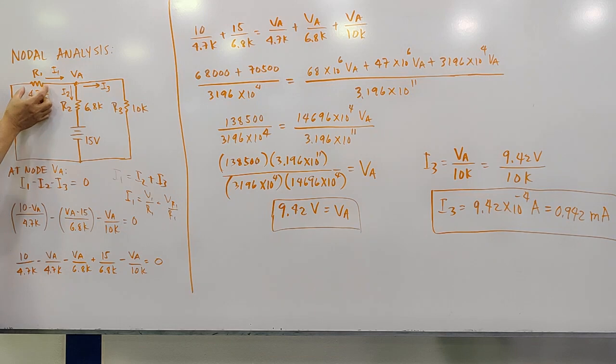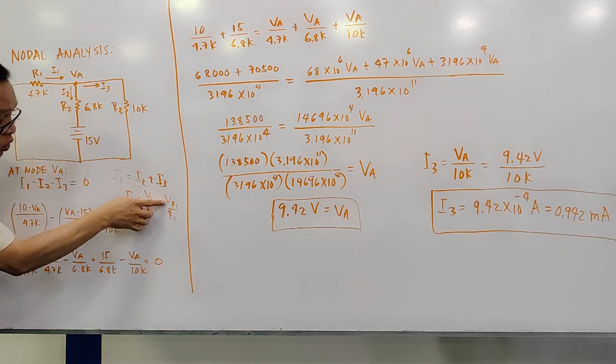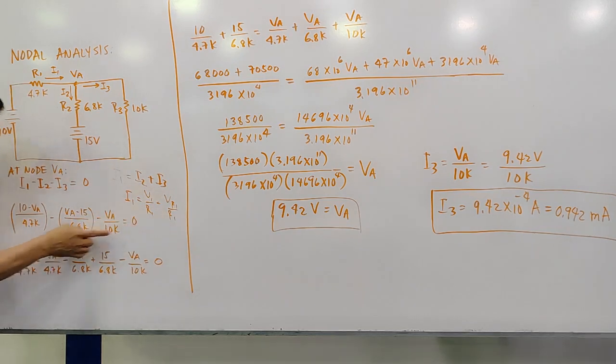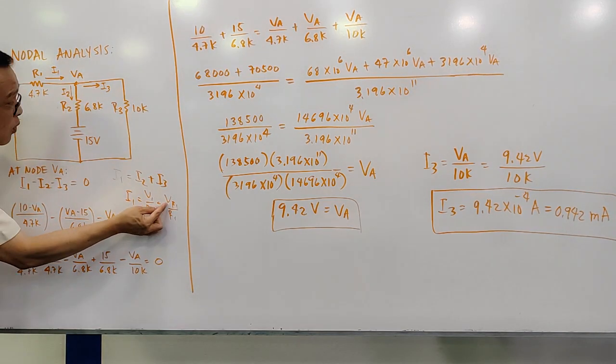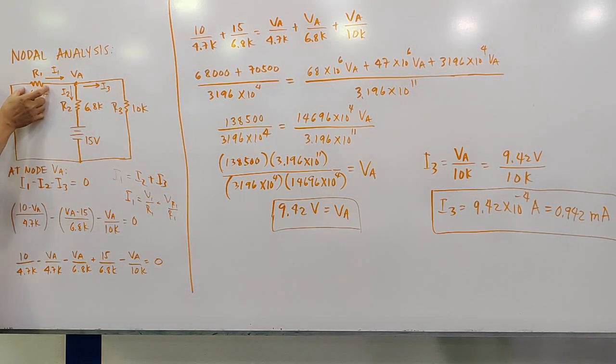By the rule VR1 over R1, what is VR1? The voltage across this one. So the issue here is, what is the voltage across R1?